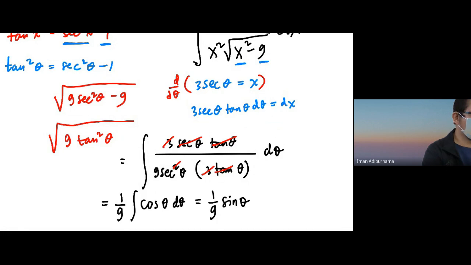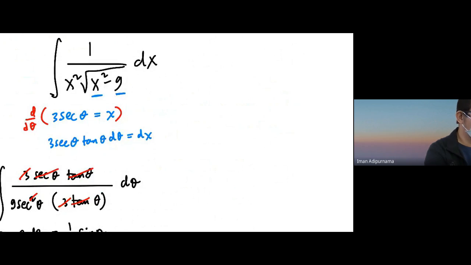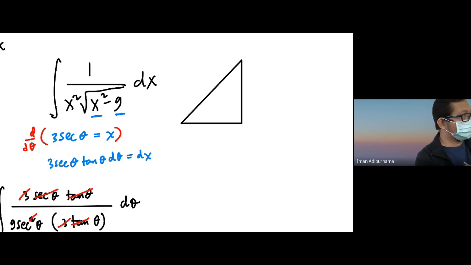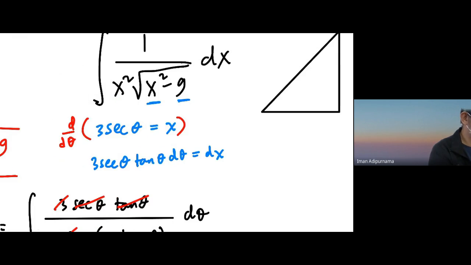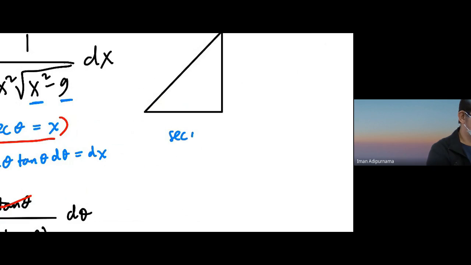what is theta? We need to remember that 3 secant theta is x. Let's bring our triangle. Whenever you have a trigonometric expression and you need to rewrite it in algebra, look back here: 3 secant theta is x, so secant theta is x over 3, and cos theta is 3 over x.